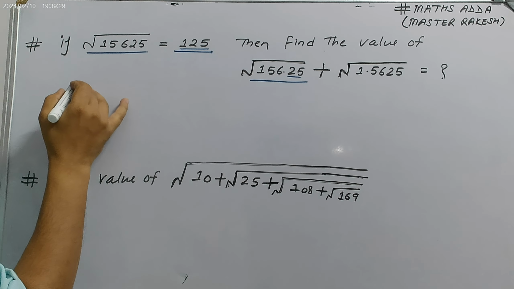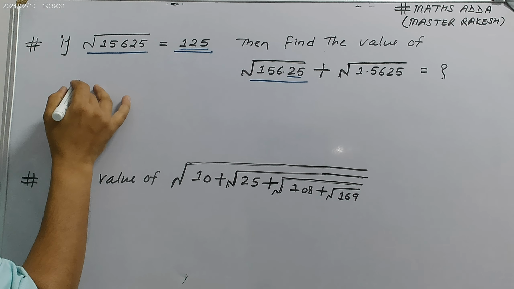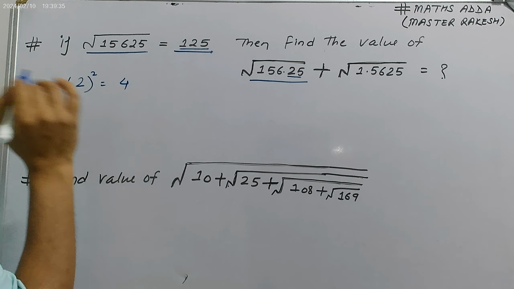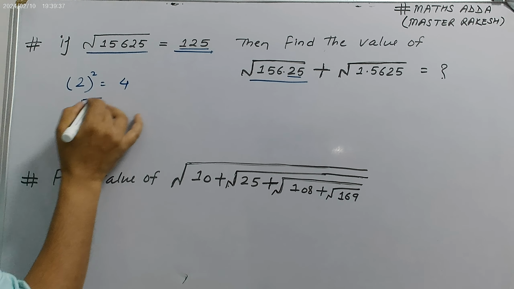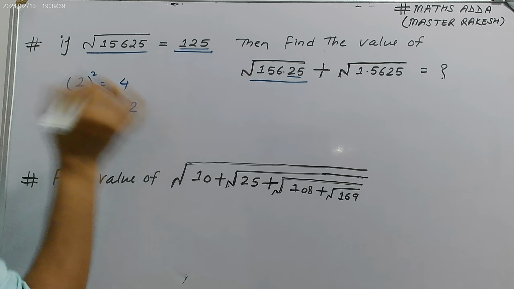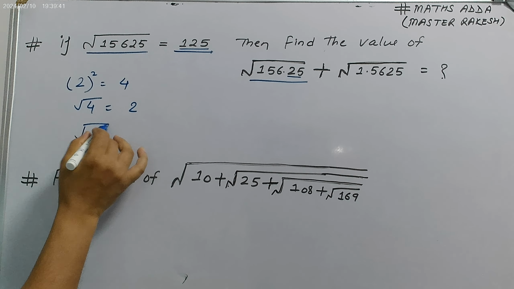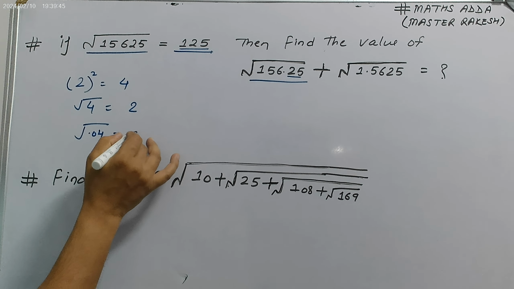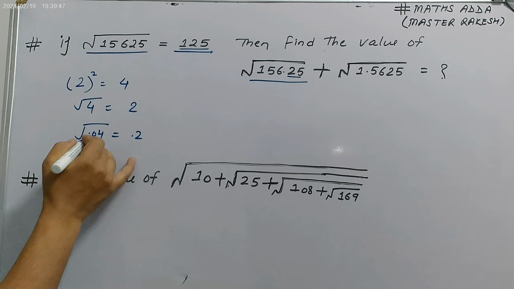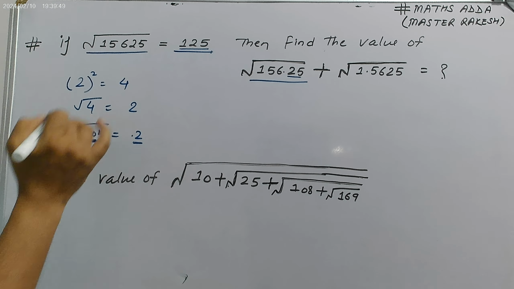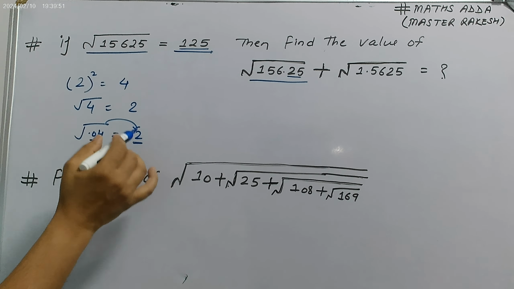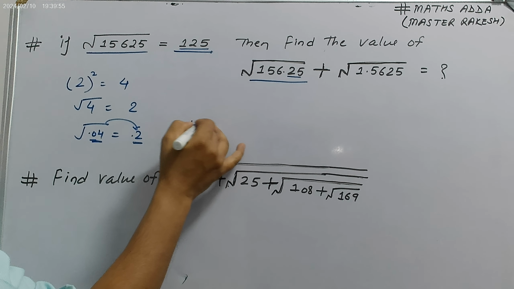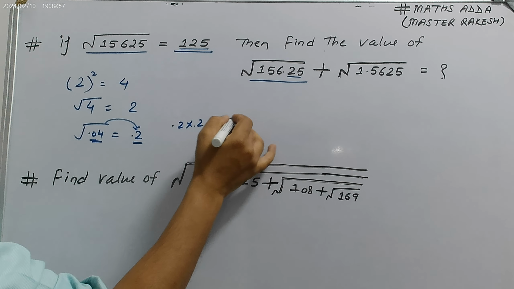Means if I say 2 ka square equals 4, or if I say square root of 0.04 equals 0.2. Okay, if here are two places, then here it will be one place. We'll verify: 0.2 into 0.2 becomes 0.04.